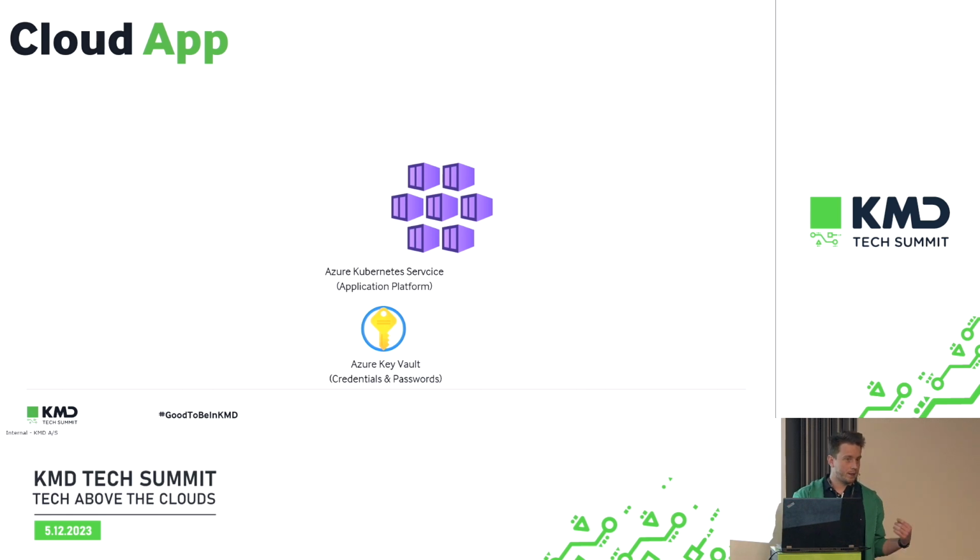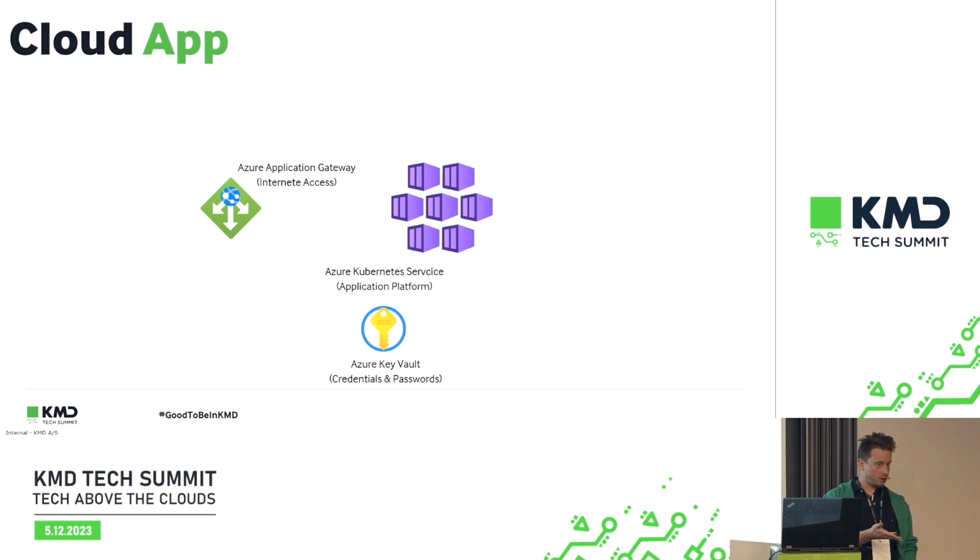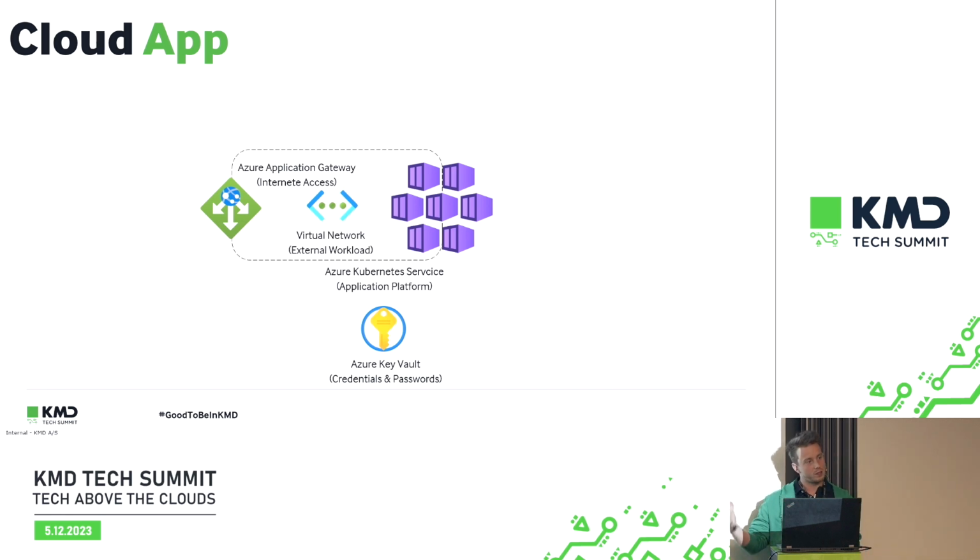Also, we need some gateway to our cluster, because the Kubernetes clusters are usually private, with no external access at all. So we have the Azure Application Gateway, which provides us external access. We also create an external network to connect the Kubernetes services with the load balancer. Okay, so we have, let's say, the public part.